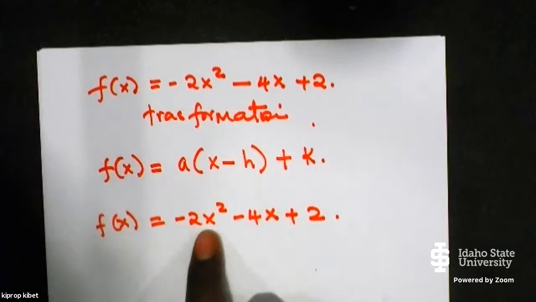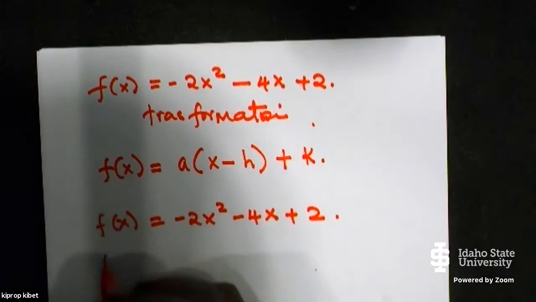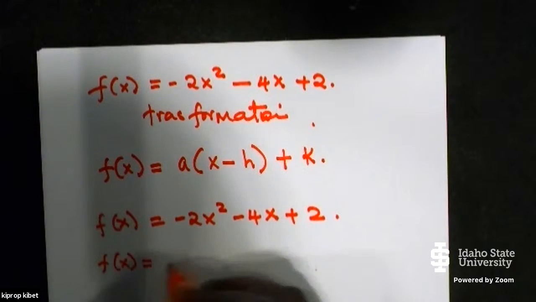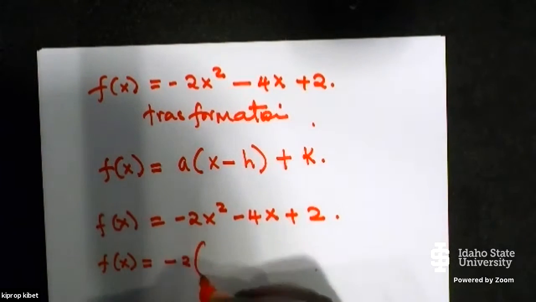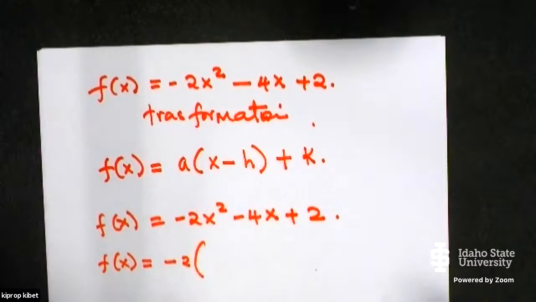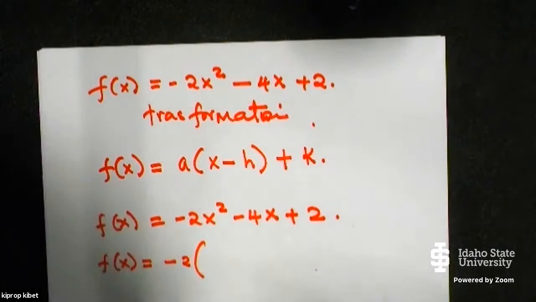So what you do here, you factor out the minus 2 over here. So f of x equals minus 2. You separate the ones which have the x from the ones with the constant.